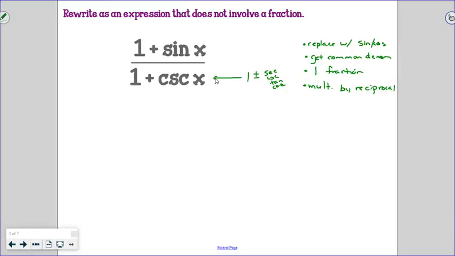When I say replace with sines and cosines, cosecant, I can replace with 1 over sine. So I'm going to focus on the denominator for quite a while here. Get a common denominator so that we can add those 2 fractions in the bottom together. And again, if it's a 1 and I want a common denominator, it's going to end up being sine over sine. And I can show that work here if I want to, multiplying top and bottom by that.